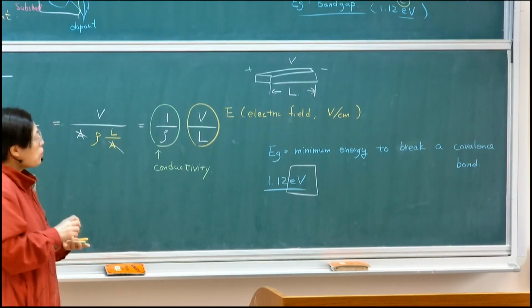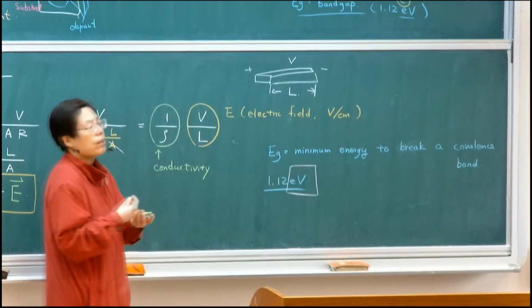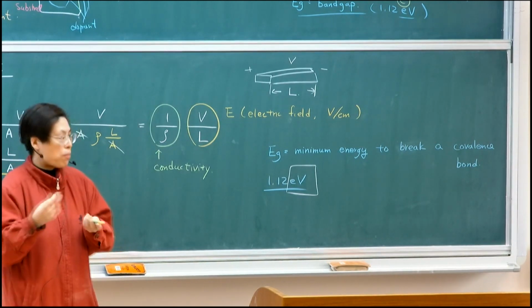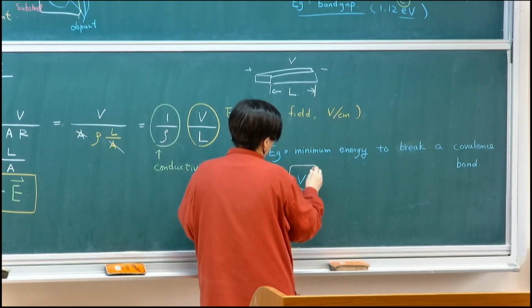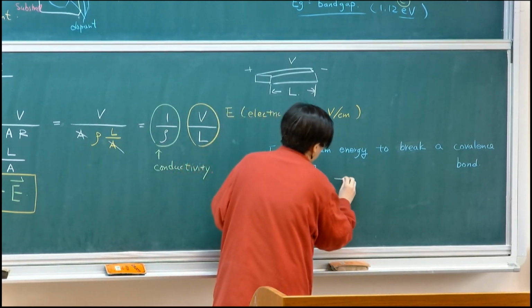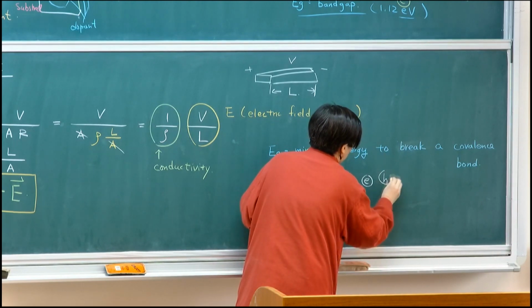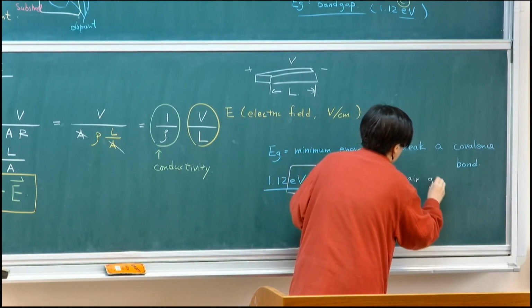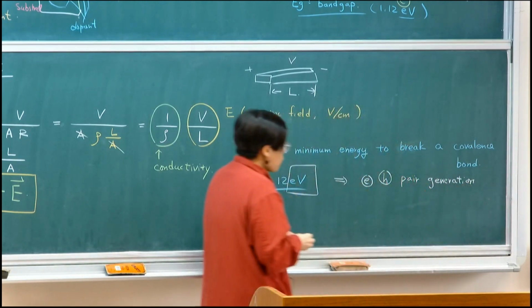So once you have a thermal energy which is higher than the energy band gap, this is called the band gap energy, then what happens is that you have an electron-hole pair.